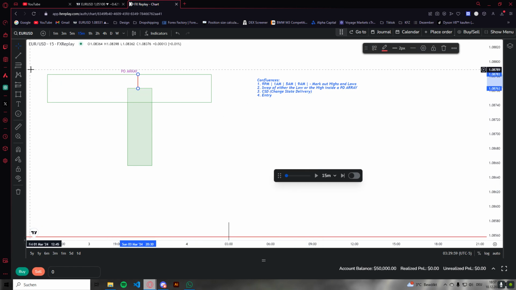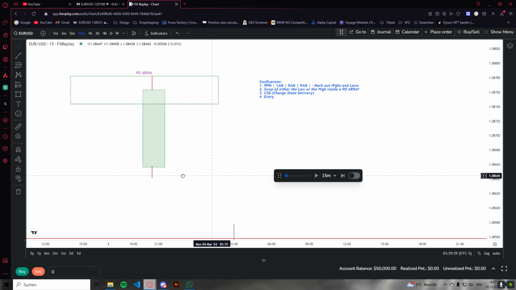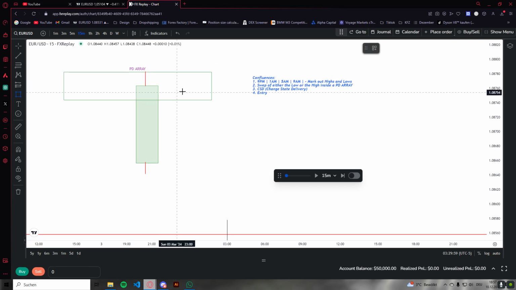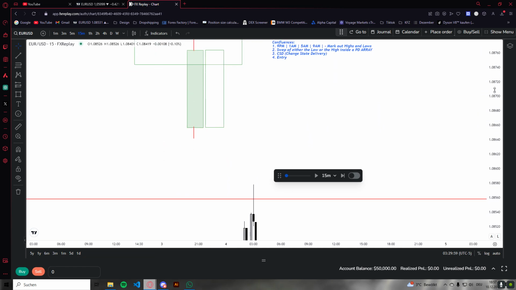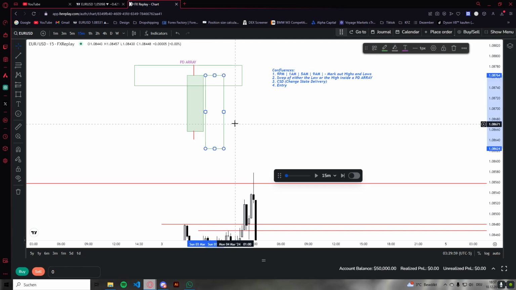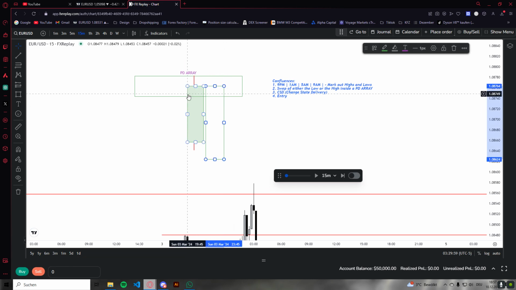So we want to see now an engulfing candle that engulfs this up close candle. That means it's bigger than this one, but to the opposing side. That means this should be a red one, like a bearish candle.